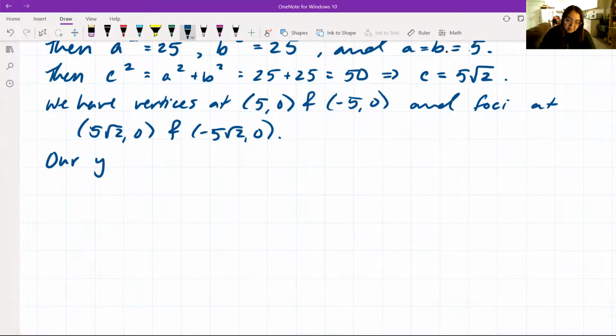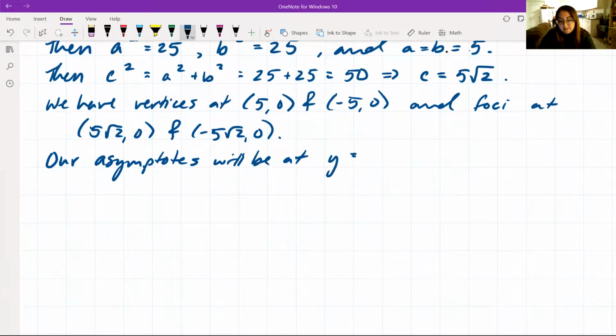So there are no y-intercepts, but our asymptotes will be at y equal to, remember, in this case, since the transverse axis coincides with the x-axis, plus or minus b over a times x, which, since they're the same values, we get y is equal to x and y is equal to negative x.